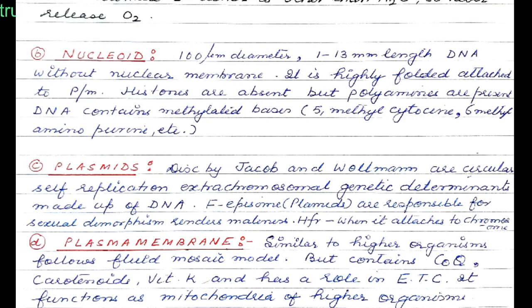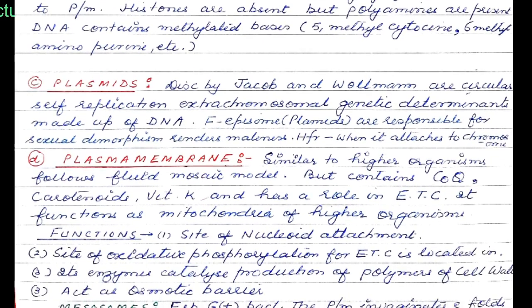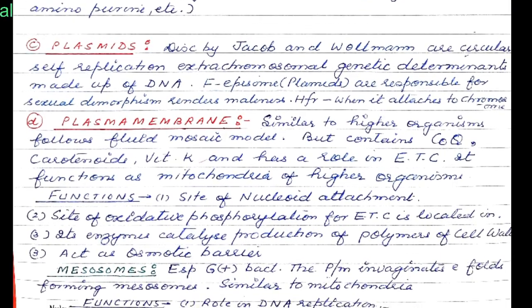Another very unique kind of structure which is present in the cytosol of bacteria are the plasmids. Plasmids are actually circular DNA molecules which self-replicate by themselves, and they are regarded as extra genetic determinants, and they are also made up of DNA.